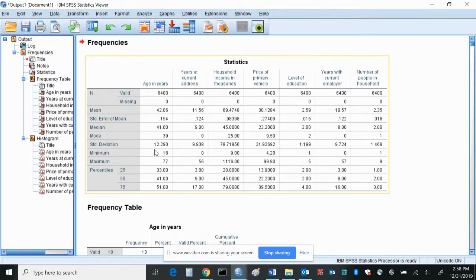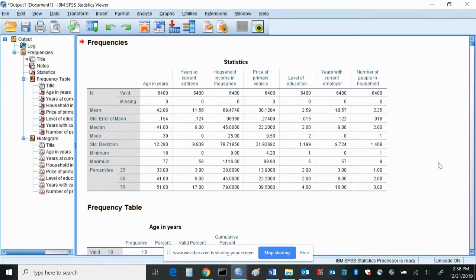Now, this is really important, because when we're talking about age, in 6,400 people, having an average difference from the mean of about 12 tells me that it's a pretty close distribution. Then you look at years at current address, where the standard deviation is more like 10. Now you might think, well, 10 is smaller than 12, so maybe it has less variability.